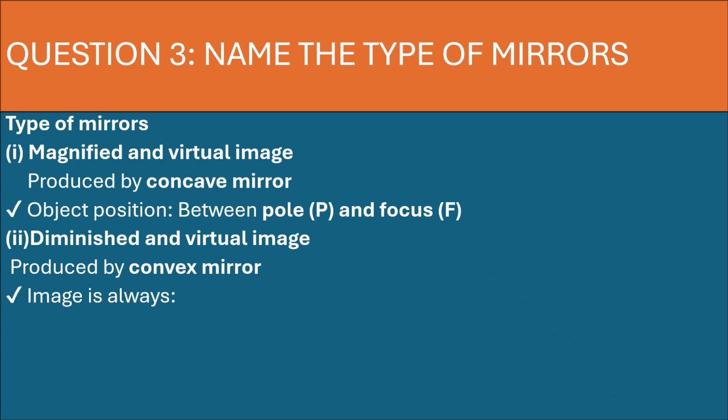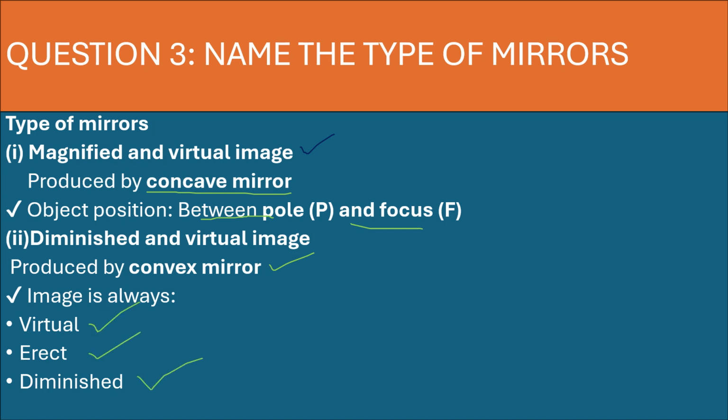That is the convex mirror, and the image is always virtual, erect, and diminished. So you need to remember this. Magnified and virtual image is produced by a concave mirror with the object between pole and focus. Diminished and virtual image is produced by a convex mirror, and it is always virtual, erect, and diminished.